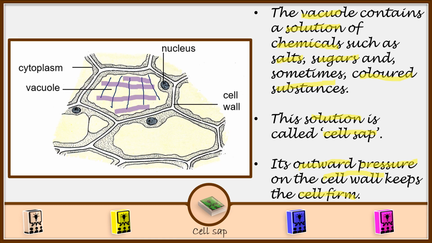So we have looked at our cell wall and we have seen it has a firm structure. And that firm structure is a result of the pressure that is coming from the vacuole. The vacuole is applying pressure to the cell wall, and that pressure keeps the cell firm or rigid.